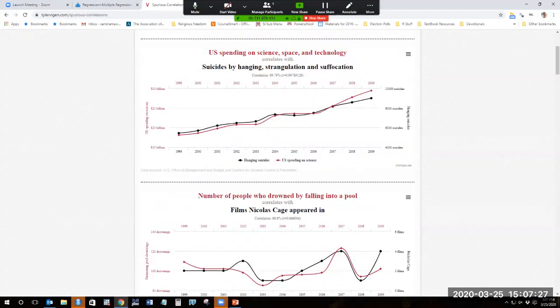You can see suicides by hanging, strangling, and suffocation is strongly correlated with U.S. spending on science, space, and technology. As this money goes up, so does the number of suicides by hanging and strangulation. So there's a relationship there.